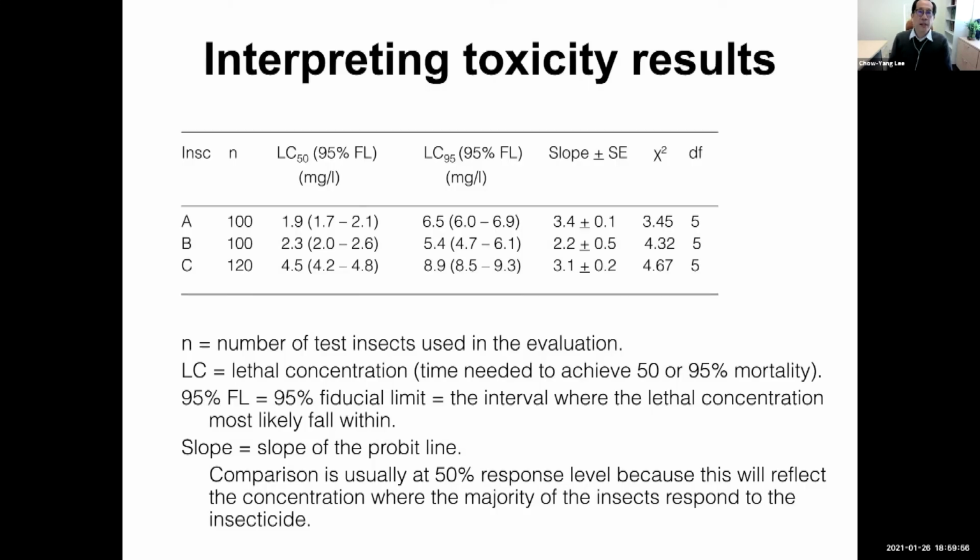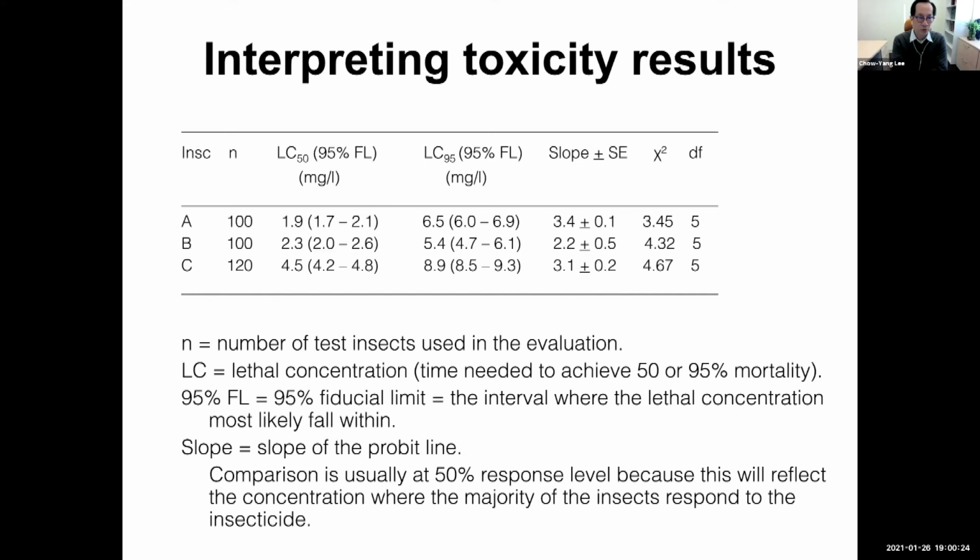So how do you interpret toxicity results? Bear with me for those of you who are familiar with this, but for those of you who are not familiar, let us take a look at the toxicity result. There are a few columns that you would find in any toxicity result. The first one, over the far left, is the insecticide that you are testing.